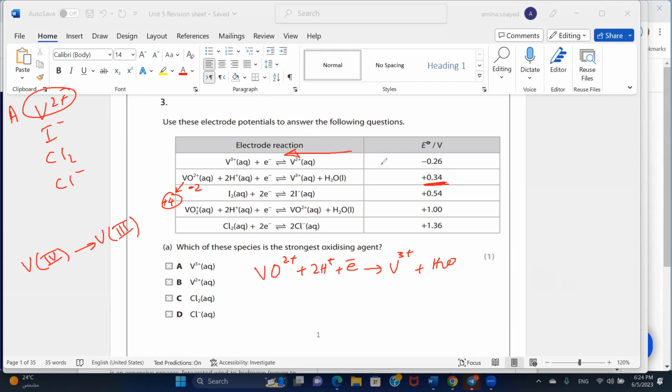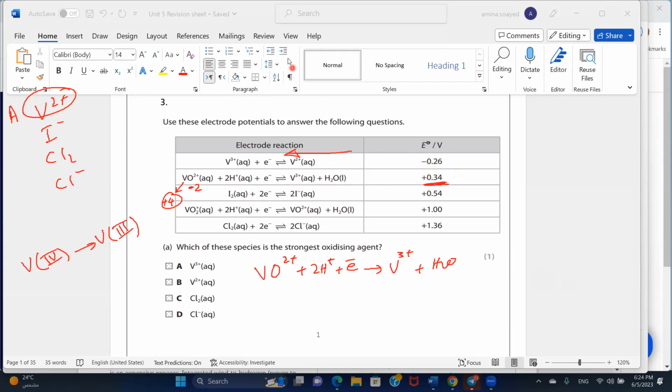We are going to flip this equation. Why? Because it has a less positive value, whether it is also positive but less positive, or negative. We are going to leave this as it is because they want the vanadium plus 4 to be changed to vanadium plus 3, but we are going to flip another equation. The other equation to be flipped, we don't have except the previous one, the first one.